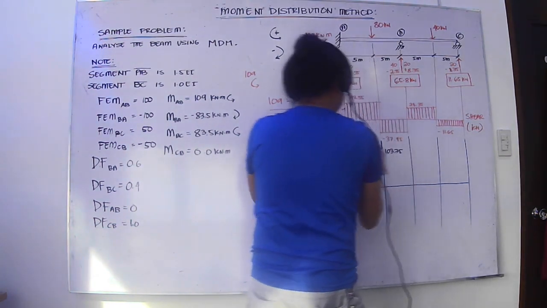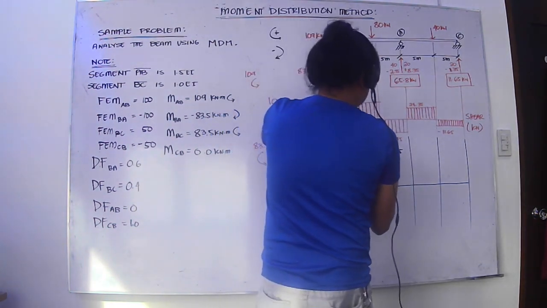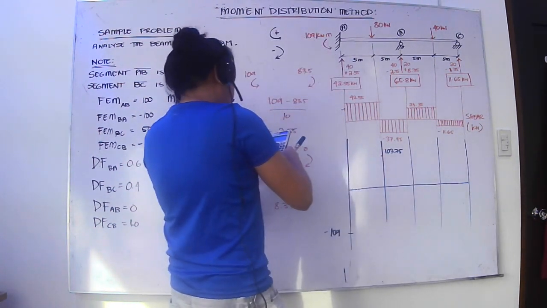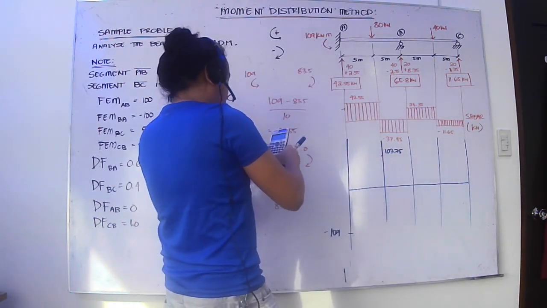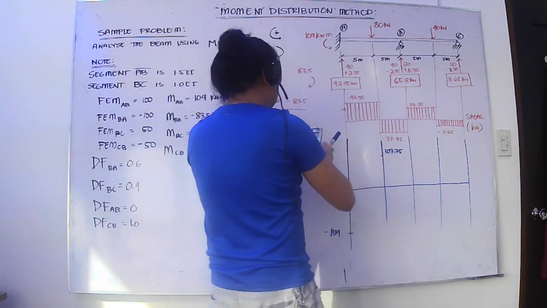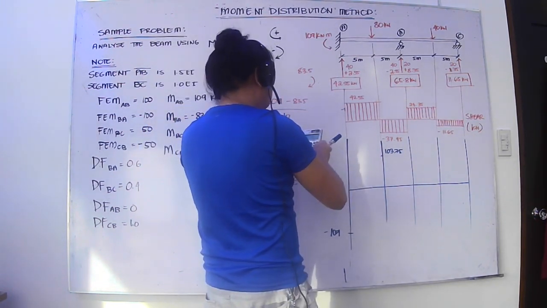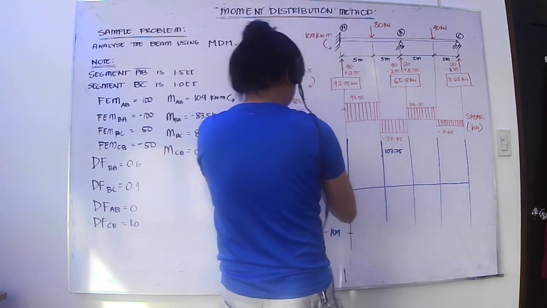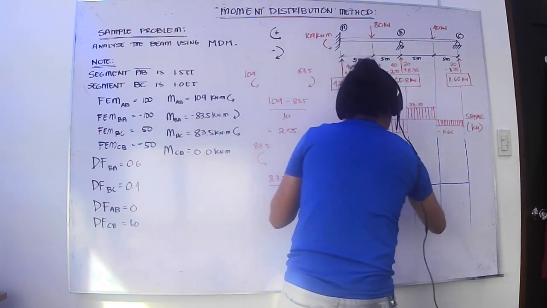If we have 103.75, we then subtract the area, which is 37.45 times 5. That is negative 83.5.